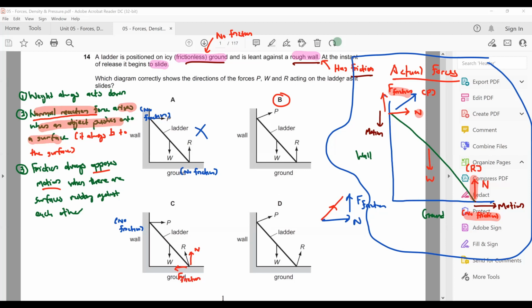This one is saying that you have friction. Again, this is not the case that the question has described to you. So A and B is out. A and C is out. Now you look at D.